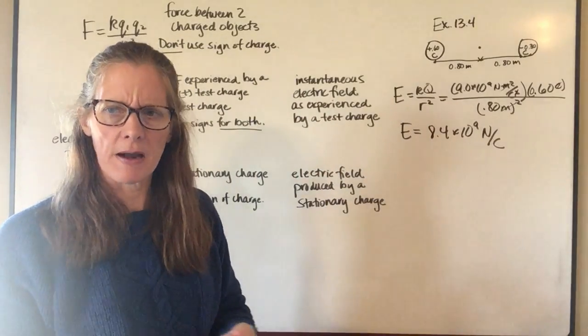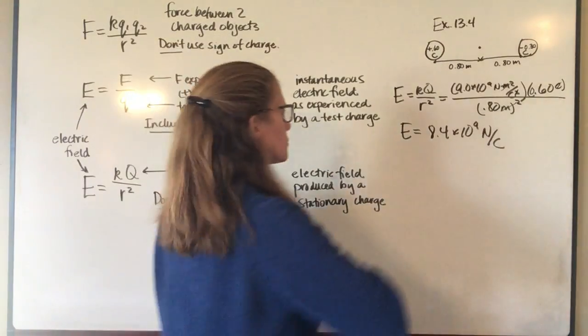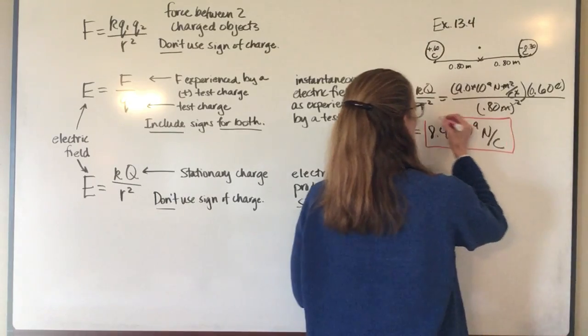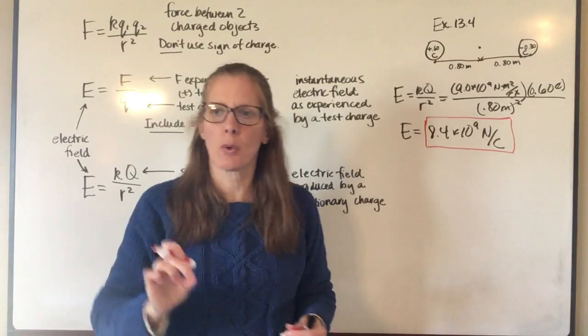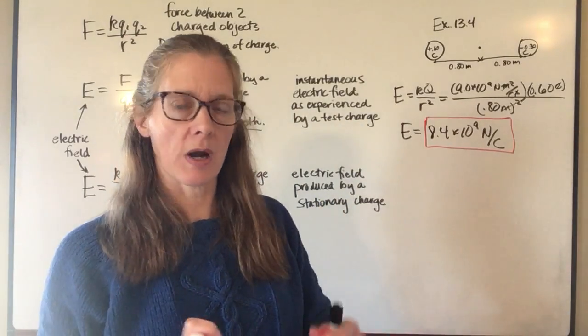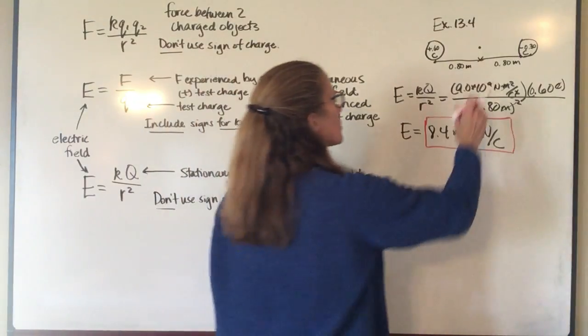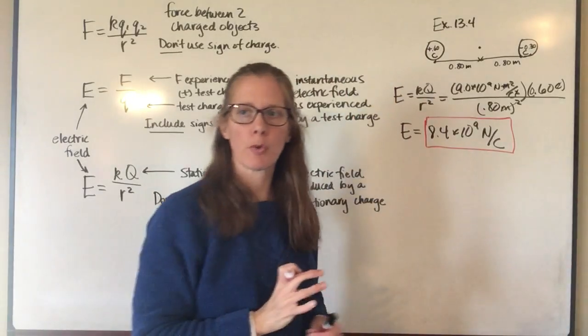Okay, so now I need to start thinking about direction again, just like I did before. When I'm determining the direction of the field, I have to assume that I've dropped in a positive charge. So if this is a positive and this is a positive, these two are going to repel each other.